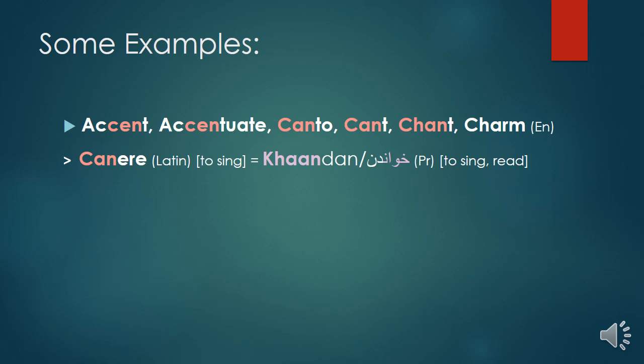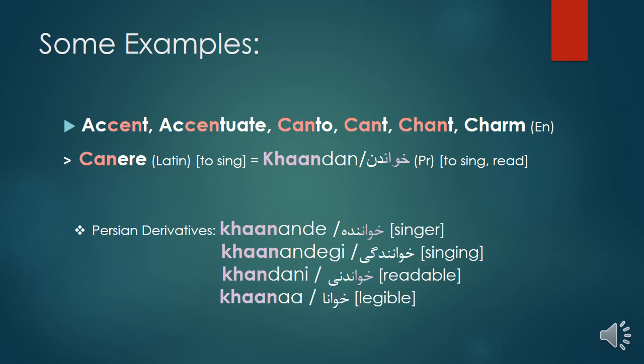Again, by ignoring the suffixes, what remains is khan or can in Latin and khan in Persian. And derivatives in Persian are خواننده, singer, خوانندگی, singing, خواندنی, readable, and خوانا, legible.